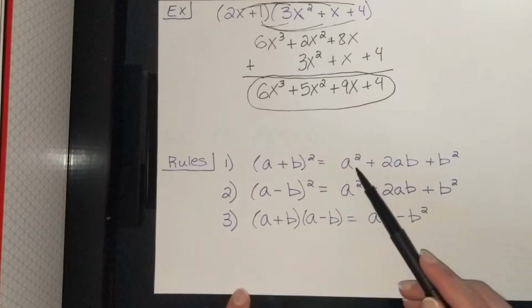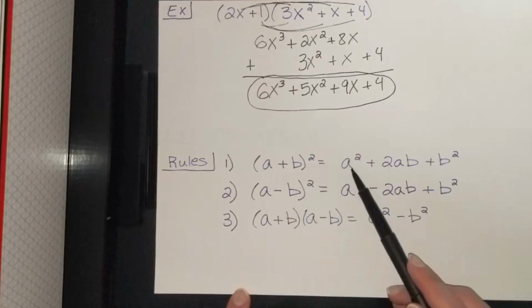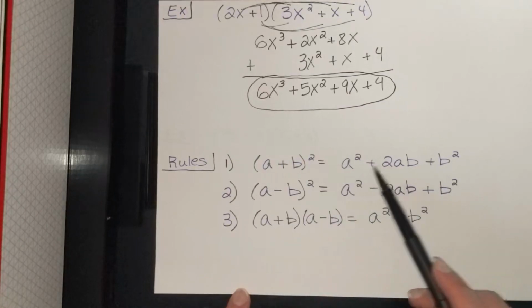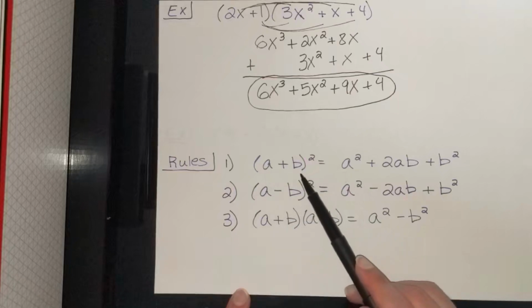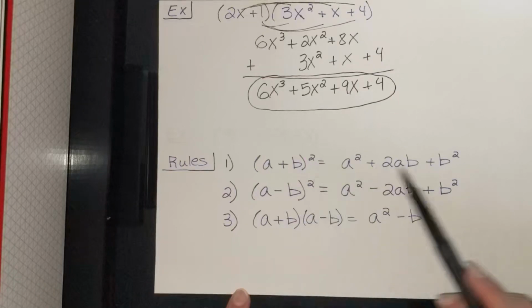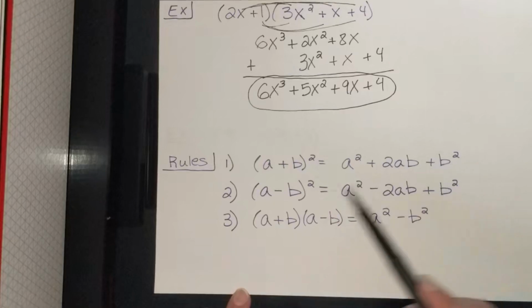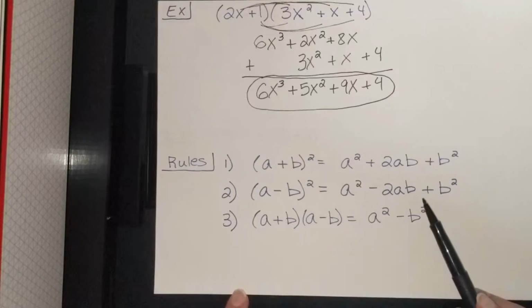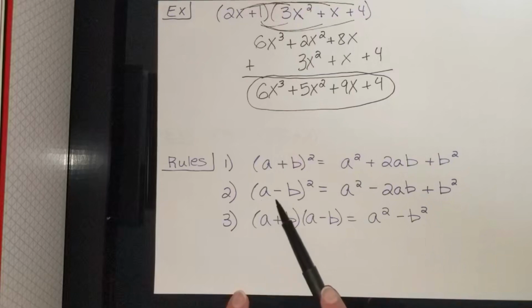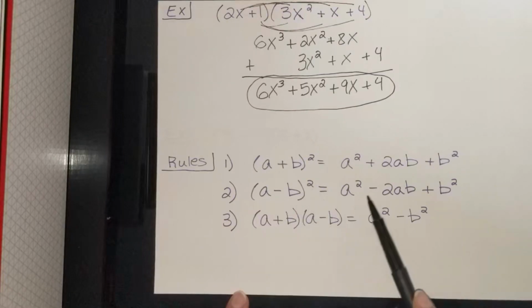In other words, you will get the first term squared plus 2 times the first term times the second term plus the second term squared. The same thing is true for a minus b quantity squared. You will get the same formula, but with a minus or a negative on your middle term.